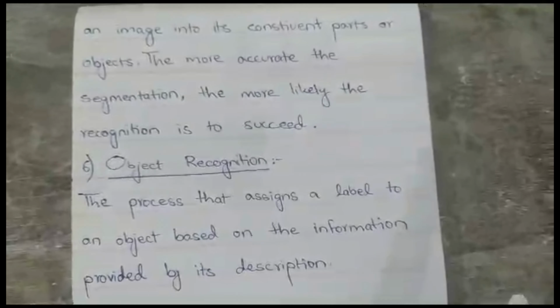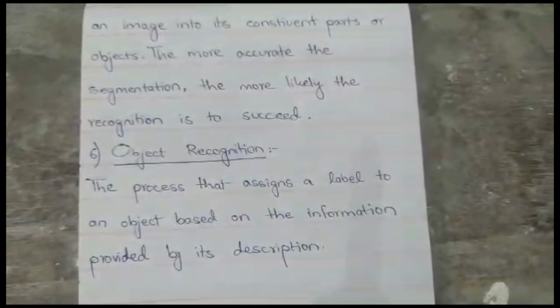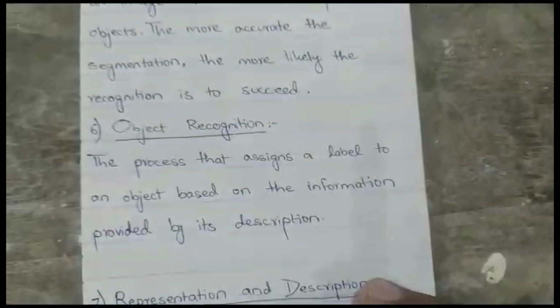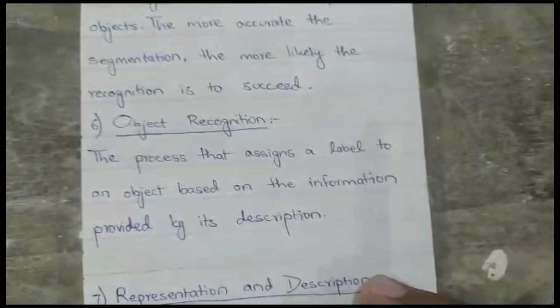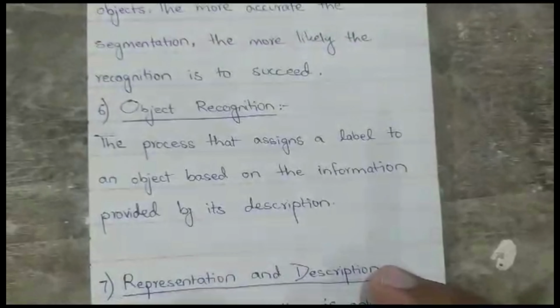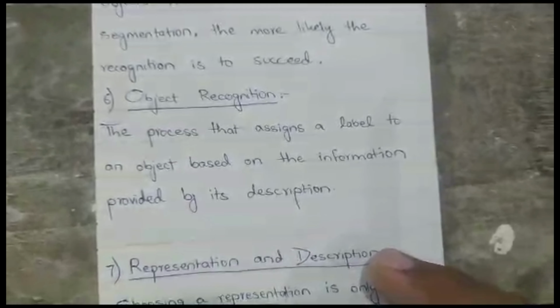Then after that, object recognition. It is the process that assigns a label to an object based on the information provided by its description.